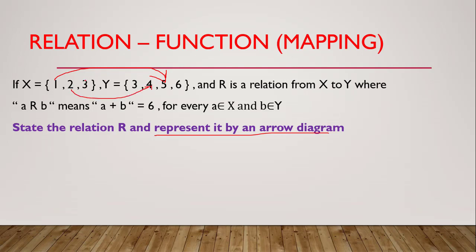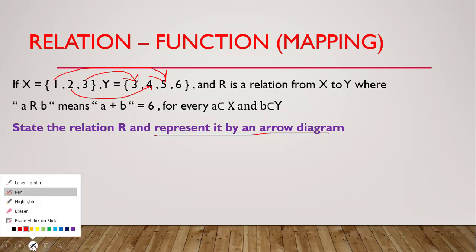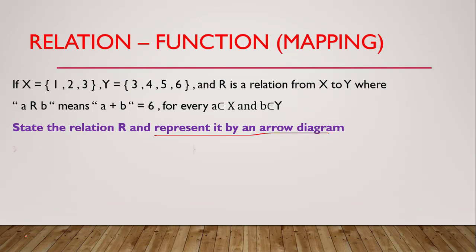Then 3 plus 3. So now we have 3 ordered pairs, 1 and 5, 2 and 4, 3 and 3. Why? Because the summation of the two projections in each ordered pair equals 6. So the relation is {(1,5), (2,4), (3,3)}.